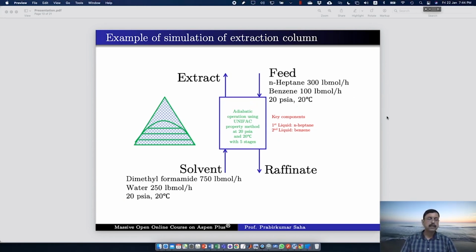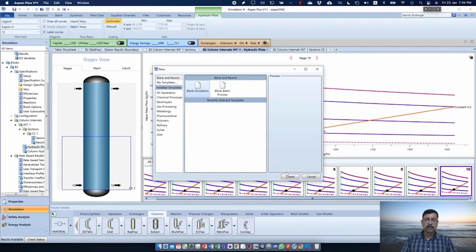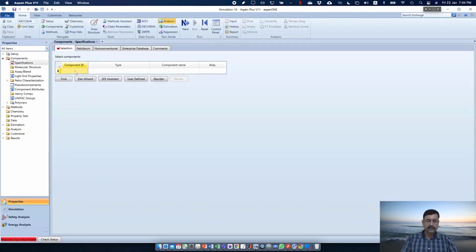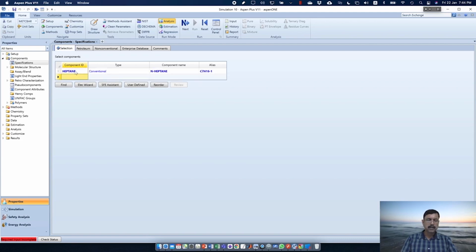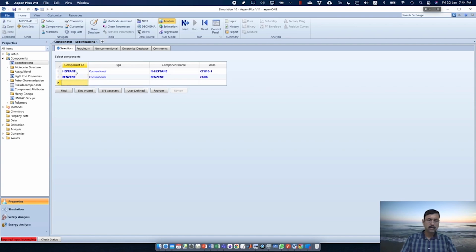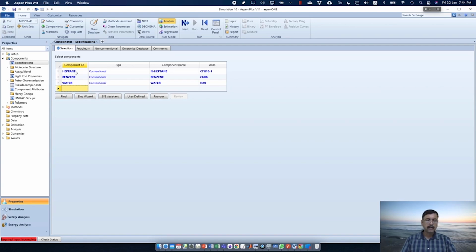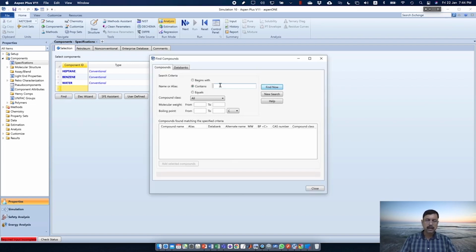So to do that, we open a new simulation. So we have heptane, benzene, water, and dimethyl formamide. Yes, this is the one.